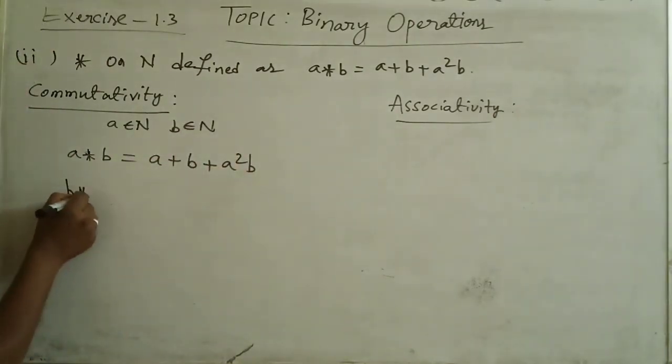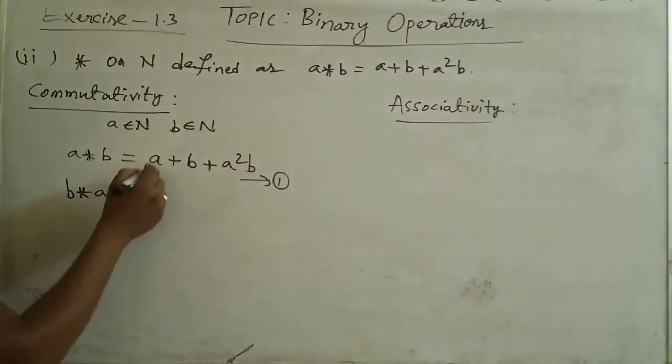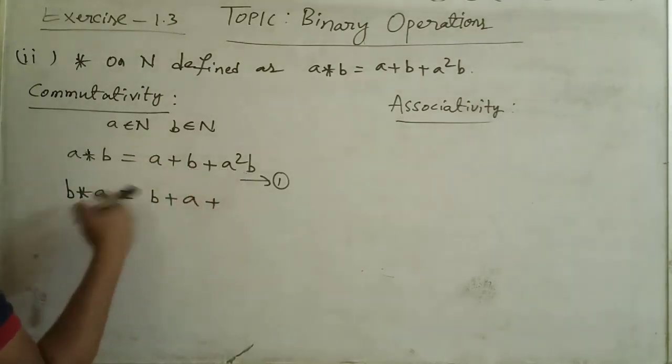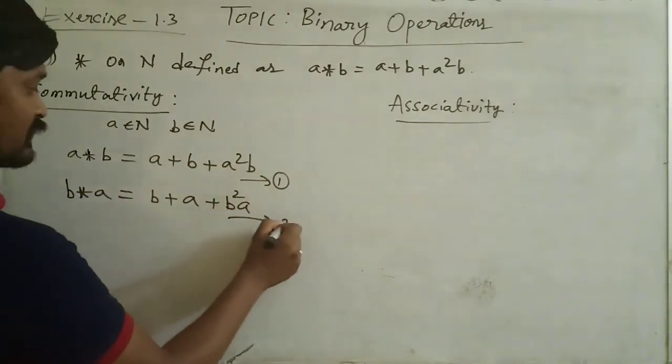Now B star A: it is B plus A plus B square A. This is equation number 2.